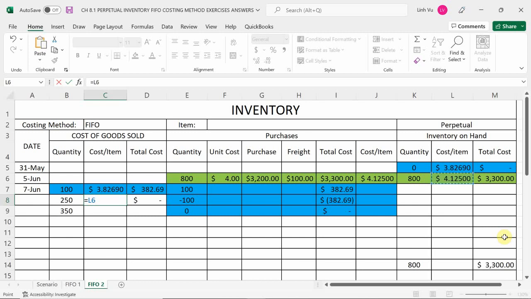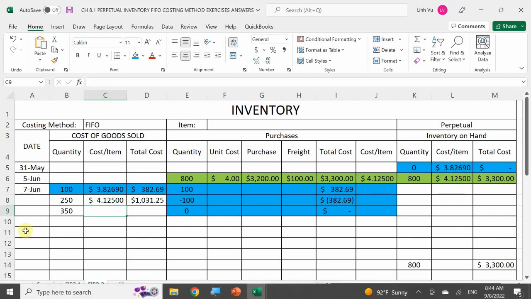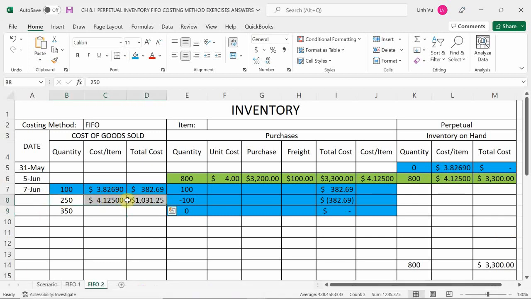I got 1,031.25. Good. So in this case, I need to take this out of my green batch, right?